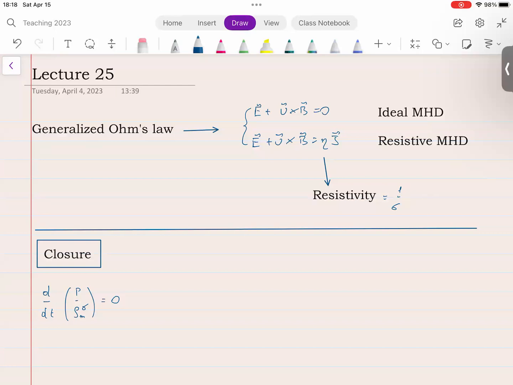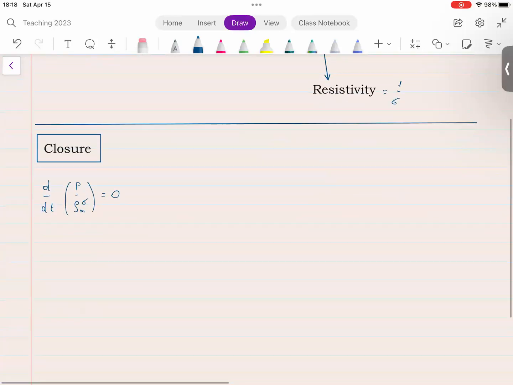Now, this is not a single option for the closure, really. I will say this is a family of closures.